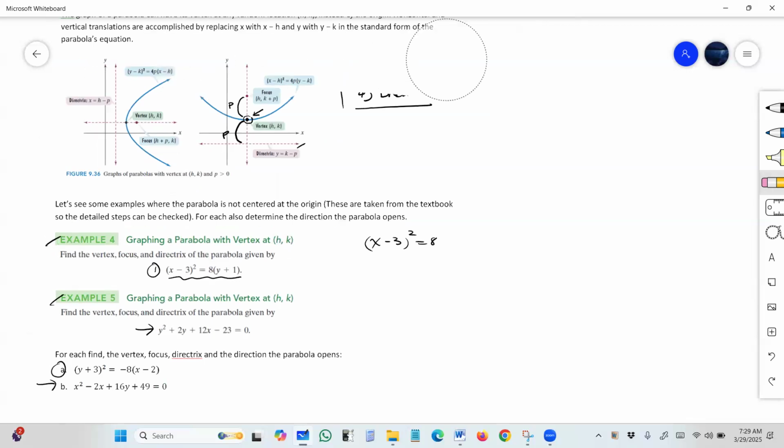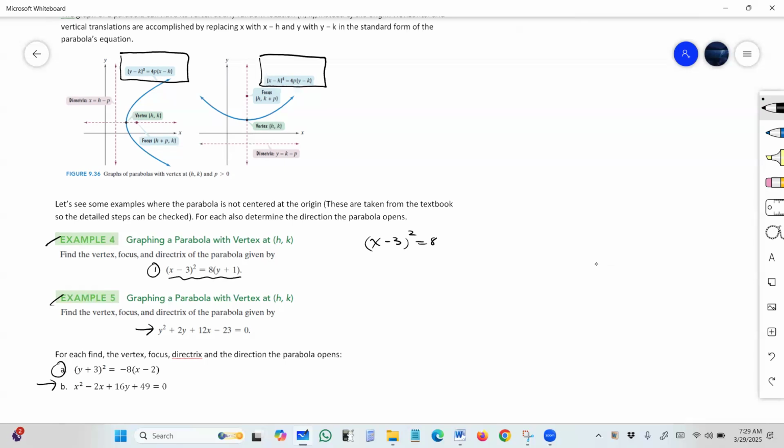Take a look at the equation. So here is one, and here's the other. The only difference is it's just like a circle. You remember seeing the circle. It's not centered at the origin. That's all. So 8y plus 1.